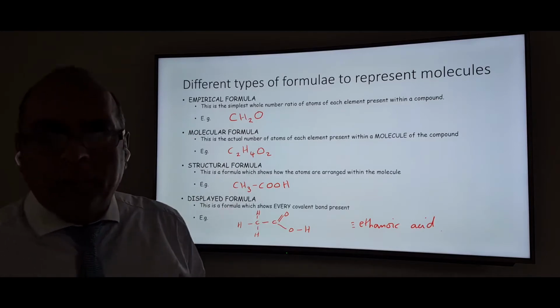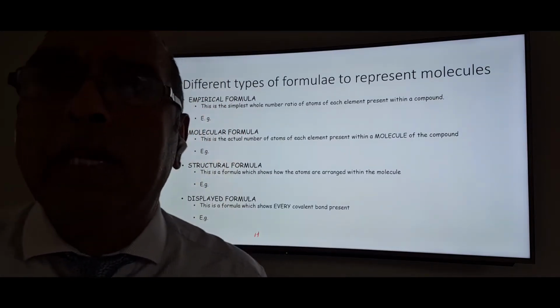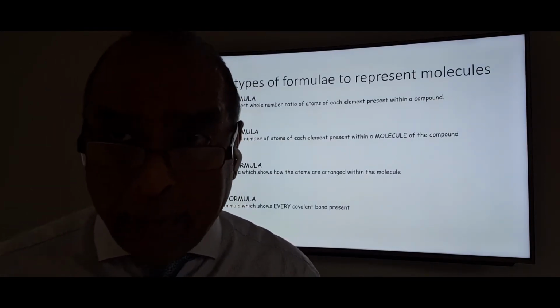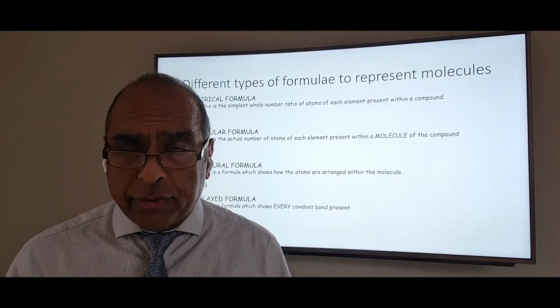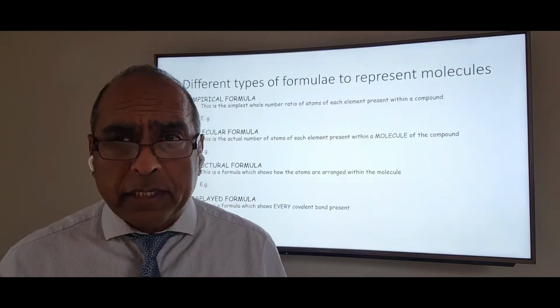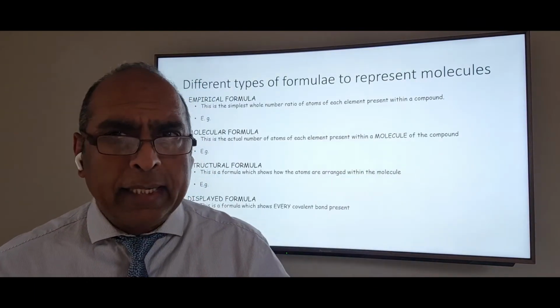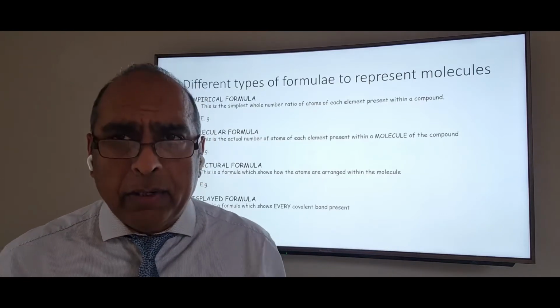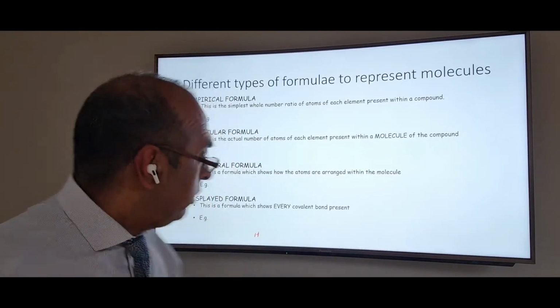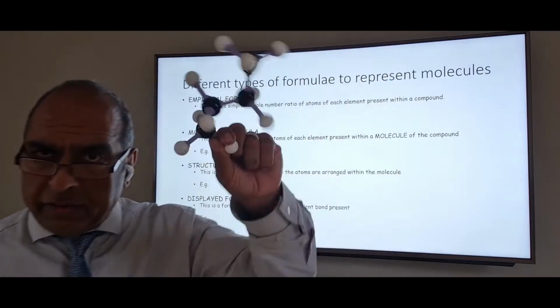Well, what's molecular formula? Molecular formula is talking about molecules, and it tells you how many atoms of every element are in each molecule. So the molecules are these things.